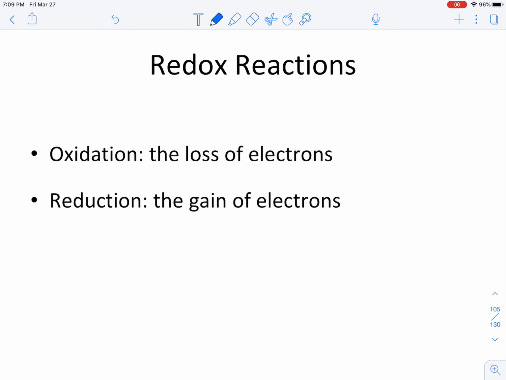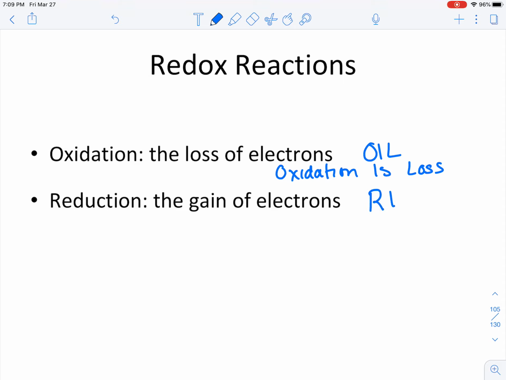All right, so here are our rules. The first one says oxidation is the loss of electrons, and that is often known as OIL. OIL stands for oxidation is loss. Then we have reduction, and reduction is the gain of electrons.